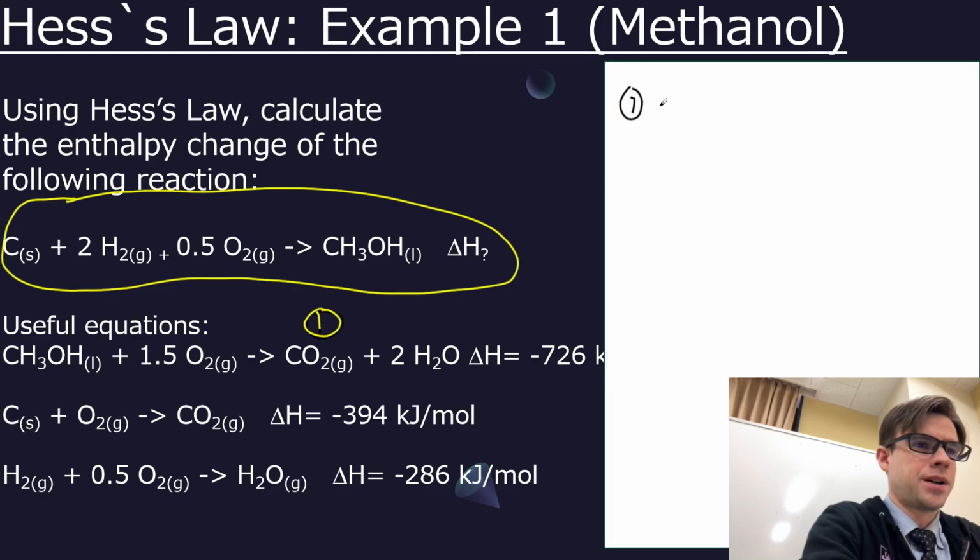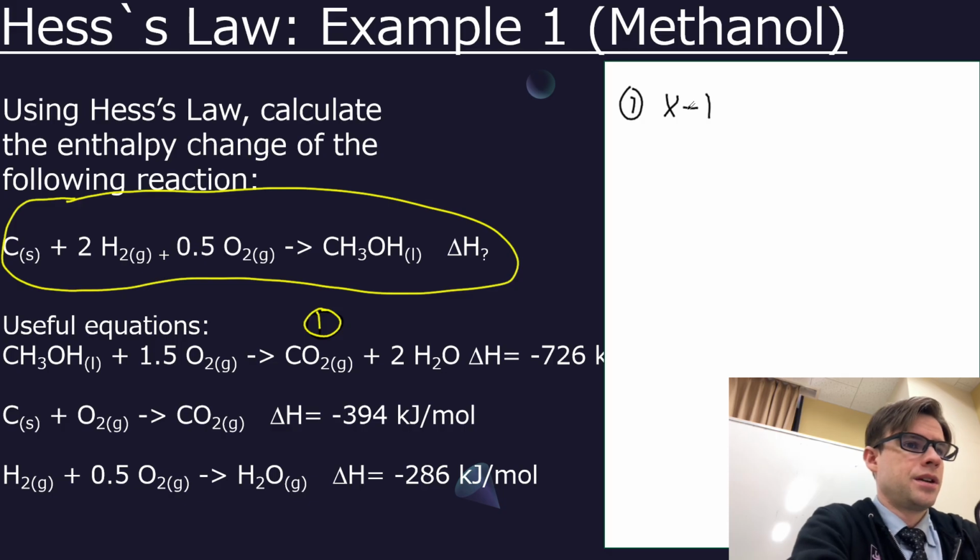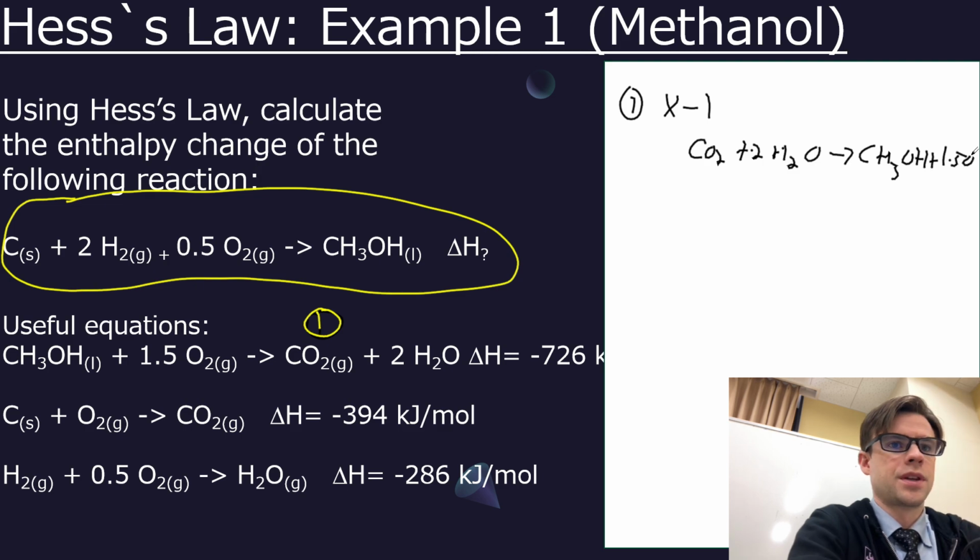So let's take equation 1 and multiply by minus 1. This is kind of like reversing it, but not changing any of the coefficients. If we do that, we will get CO2 plus 2H2O goes to CH3OH plus 1.5 O2 gas.